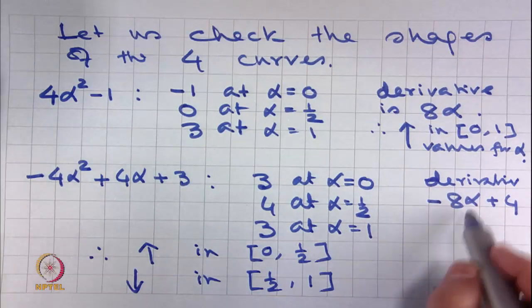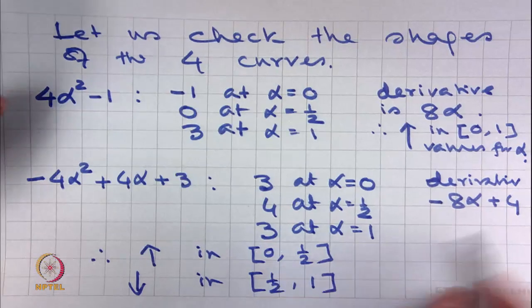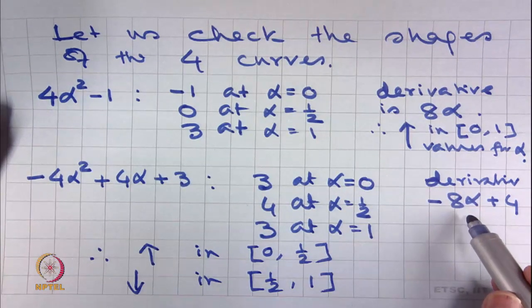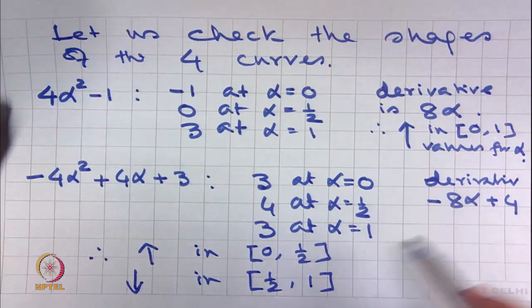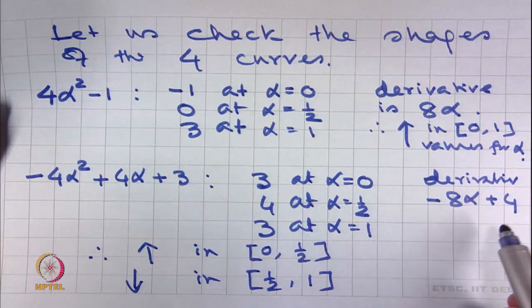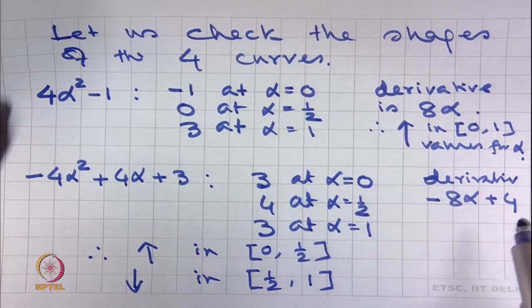From the sign of the derivative, in 0 to half it is going to be positive, therefore it is increasing. From half to 1, this value is negative, therefore it is decreasing.